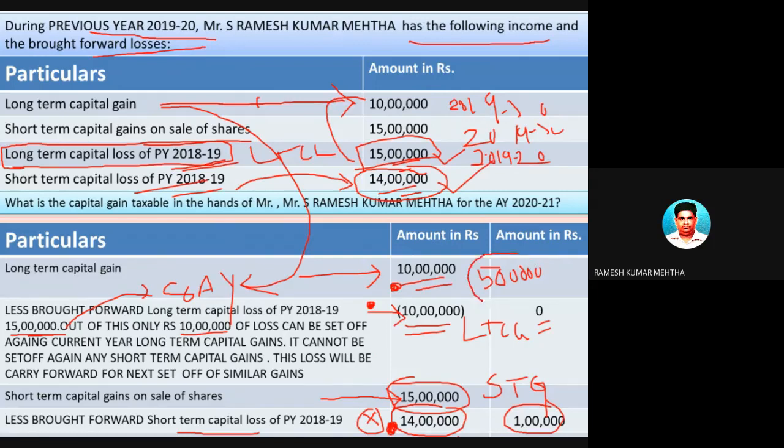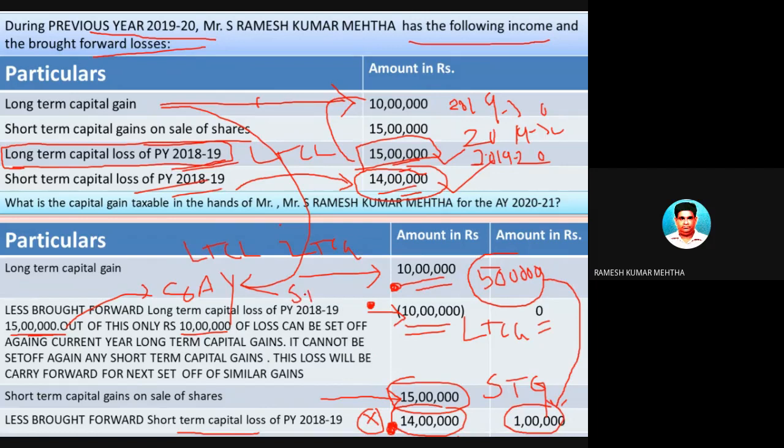One doubt which can arise here is, sir, why don't we set off this 5 lakh rupees against the short-term capital gain? No, as per the rules, it is already indicated that long-term capital loss can be set off against long-term capital gain only. Please remember, long-term capital loss can be set off against long-term capital gain only.